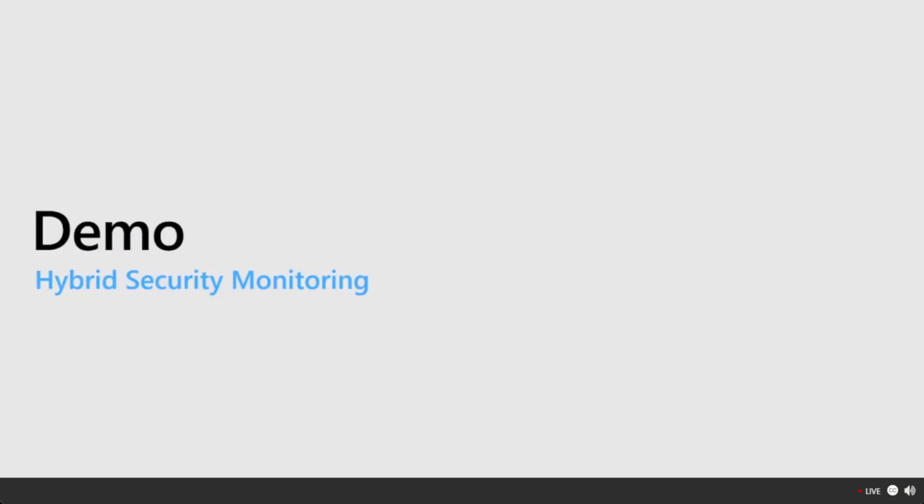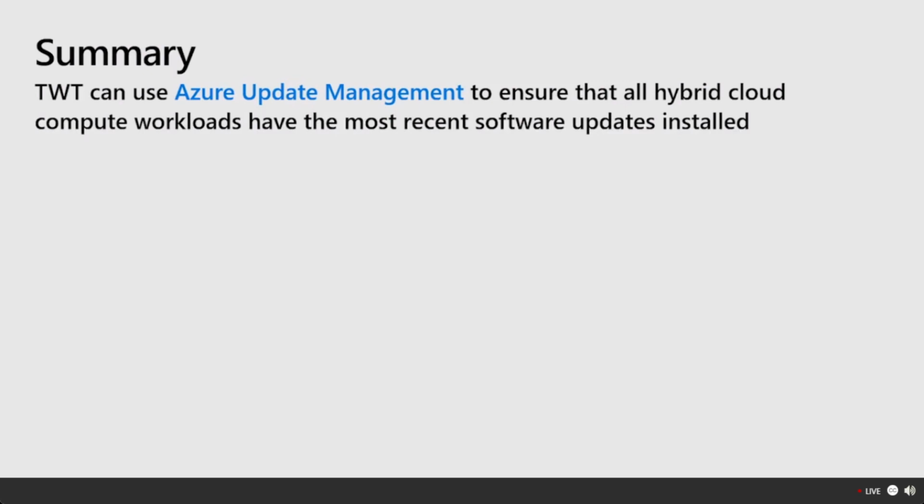So this was the hybrid security monitoring demo. Let's do a quick summary of what we just saw. First of all, we had a look at how Tailwind Traders can use Azure Update Management to ensure that all their hybrid cloud compute workloads have the most recent software updates installed.